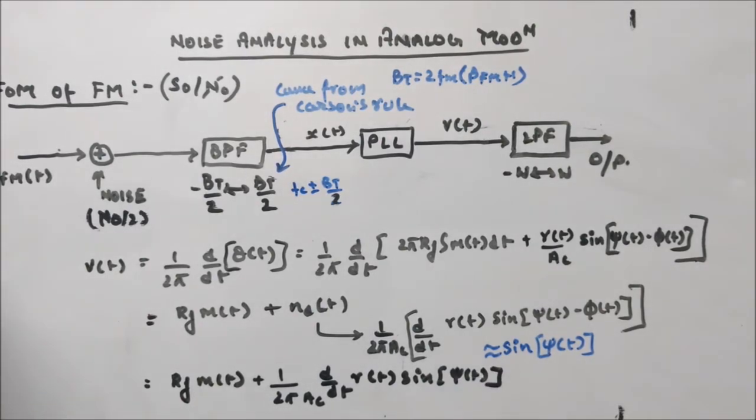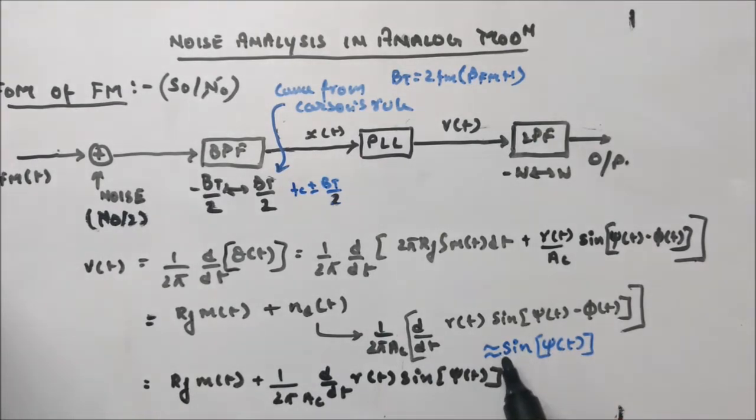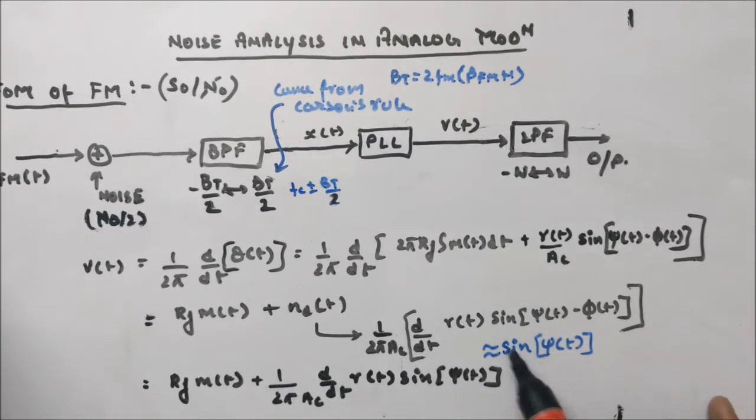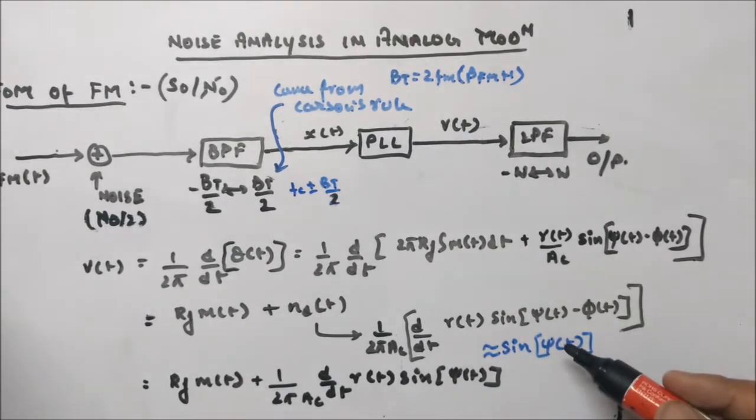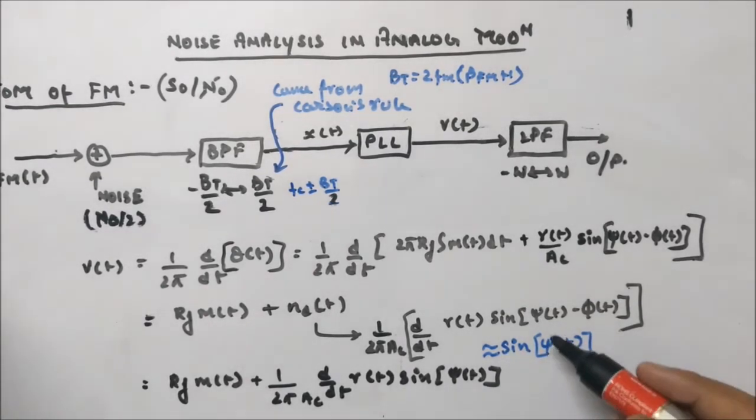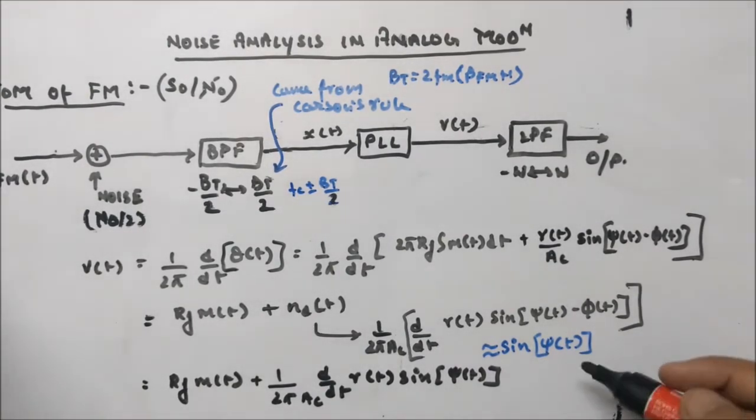This is one approximation we do. Although I was not convinced with the reason why they have taken this assumption, I'll give you the source at the end, so you can look it up, and maybe you will also get convinced. But this is how the proof goes.